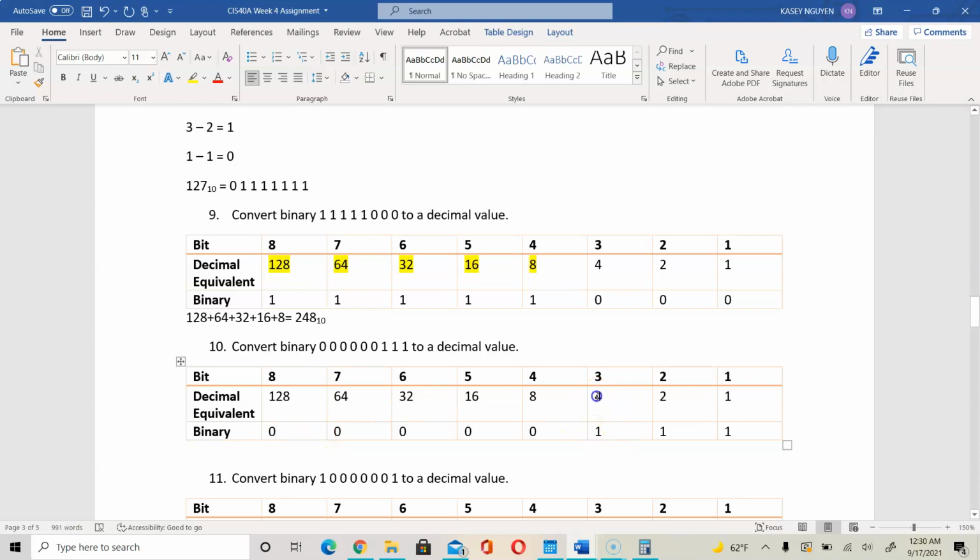You notice that the last 3 bits on the right are on, so you're going to add those 1, 2, and 4, as those are on here. That's going to give you 7. So 4 plus 2 plus 1 gives us 7. So this binary value here is equivalent to 7 base 10, which is your decimal.